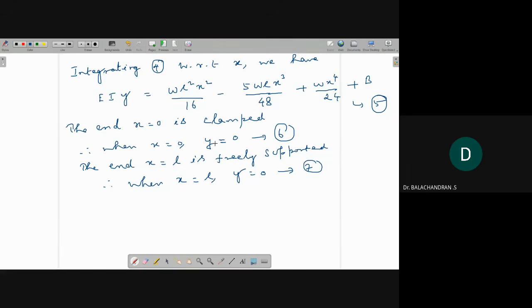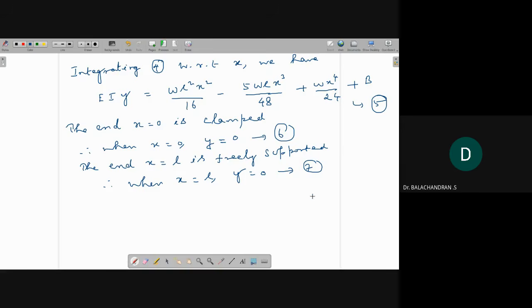Now, okay. My question is, if I apply either 6 or 7 in 5. Suppose if I apply 6, this is 0, 0, x 0, x 0, we will get B equal to 0. If I apply 6, what happens if we apply 7 here? This is 0.